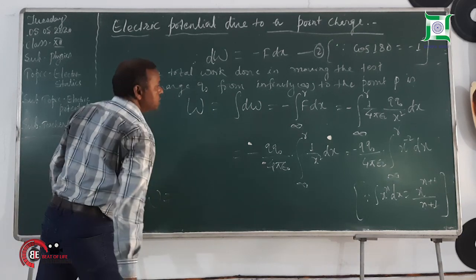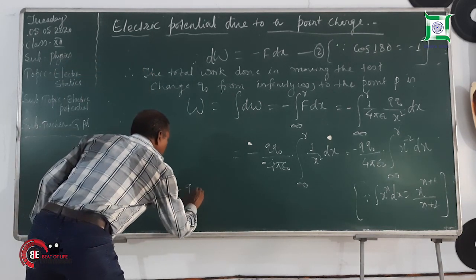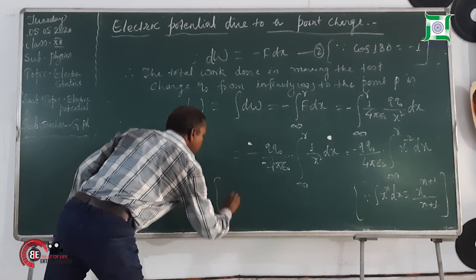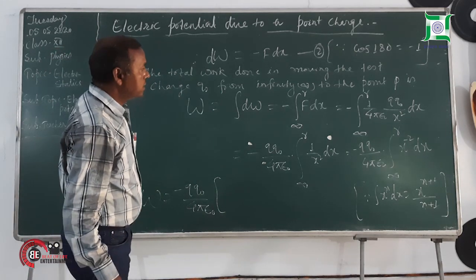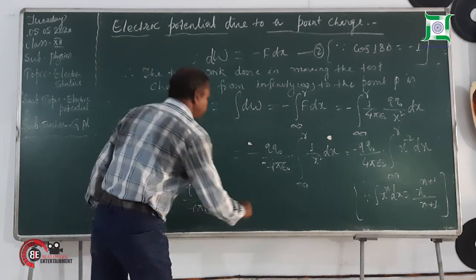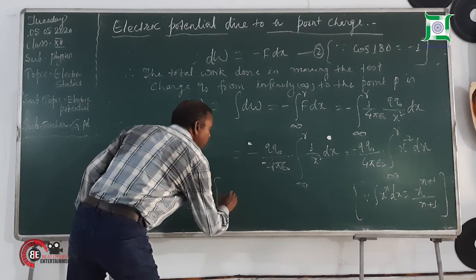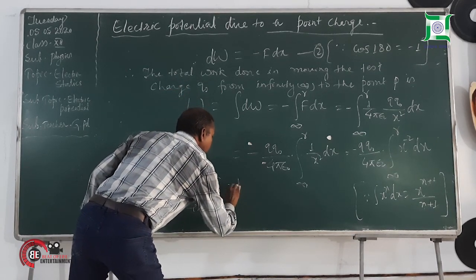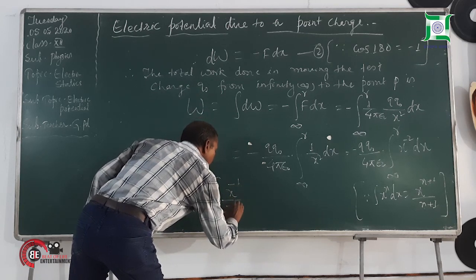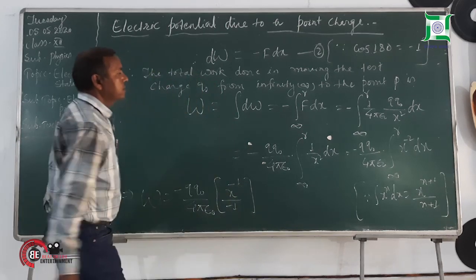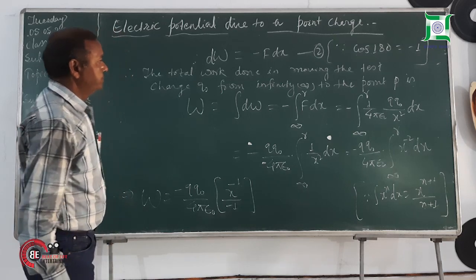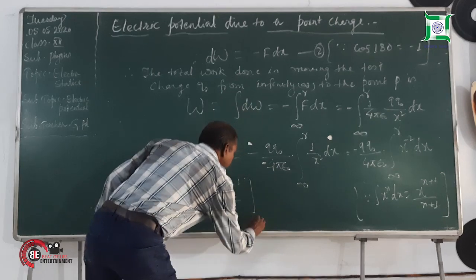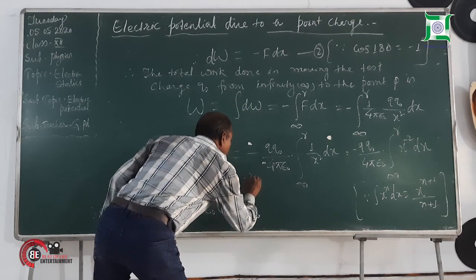Work done is equal to minus Q naught upon 4 pi epsilon naught into x to the power minus 1 upon minus 1, and we place the limits here, infinity to r.